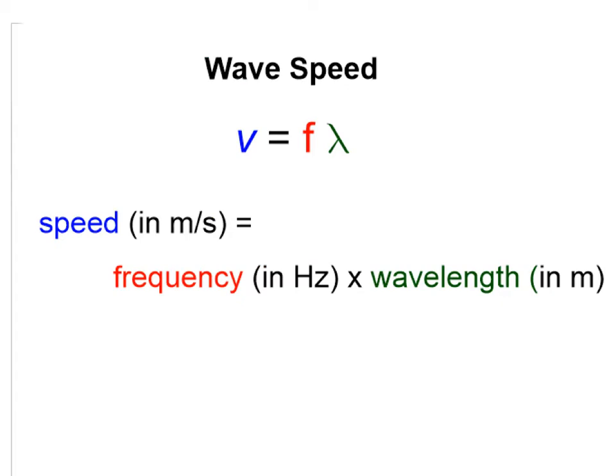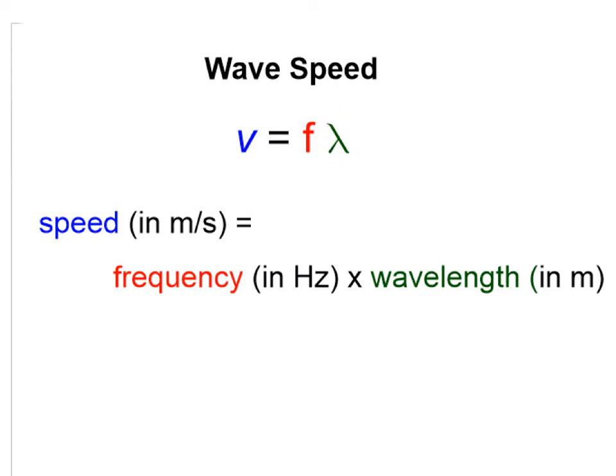Now let's take a look at the relationship between frequency, wavelength, and wave speed. When we talk about the speed of a wave, here's the v for velocity, the speed of the wave. The speed of the wave is equal to the frequency times the wavelength. And if you think about this, you can recall that frequency and wavelength are inversely proportional.